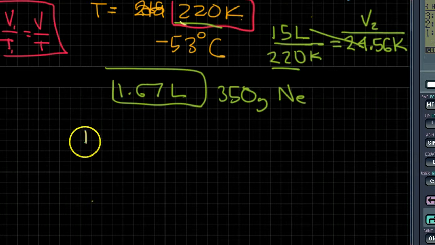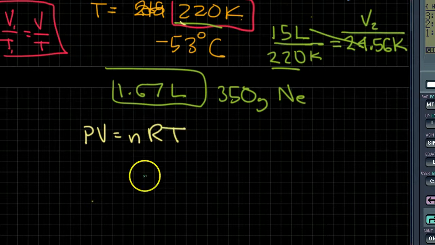I'm going to say that PV equals nRT, right? And from PV equals nRT, I want to know what the pressure is going to be like when I go to room temperature.